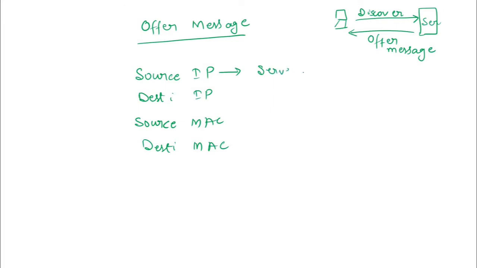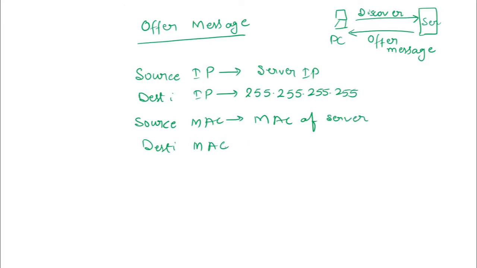In the destination IP, the PC still does not have any IP address, so the server will reply again with the broadcast IP, that is 255.255.255.255. The source MAC address will be the MAC of the server, and the destination MAC will be the MAC address of the PC.